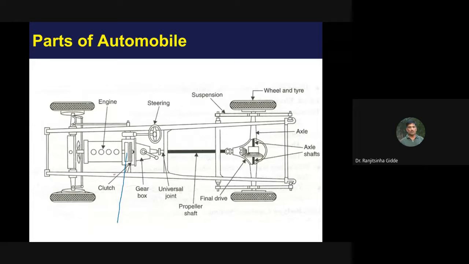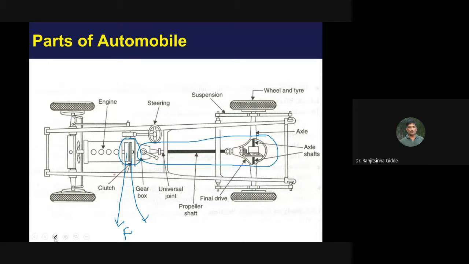This is flywheel, and this one is clutch, right? So basically this arrangement is required to connect or disconnect. So this whole section indicates transmission system.